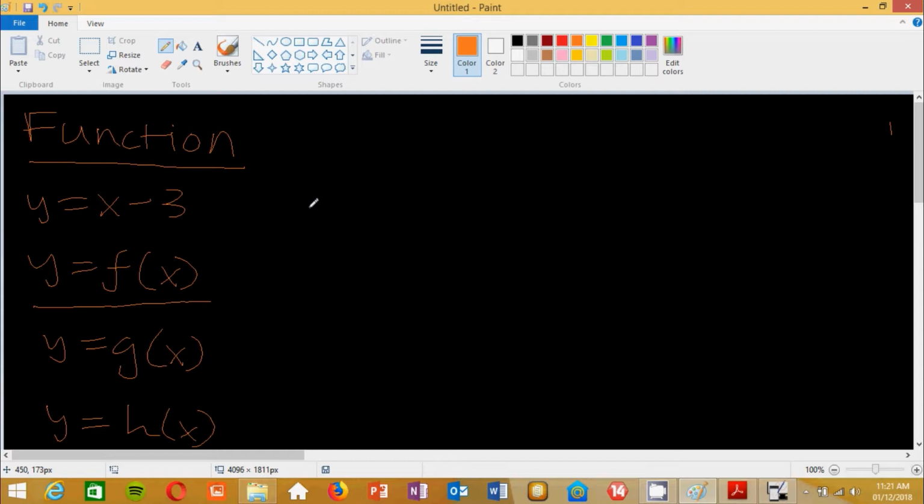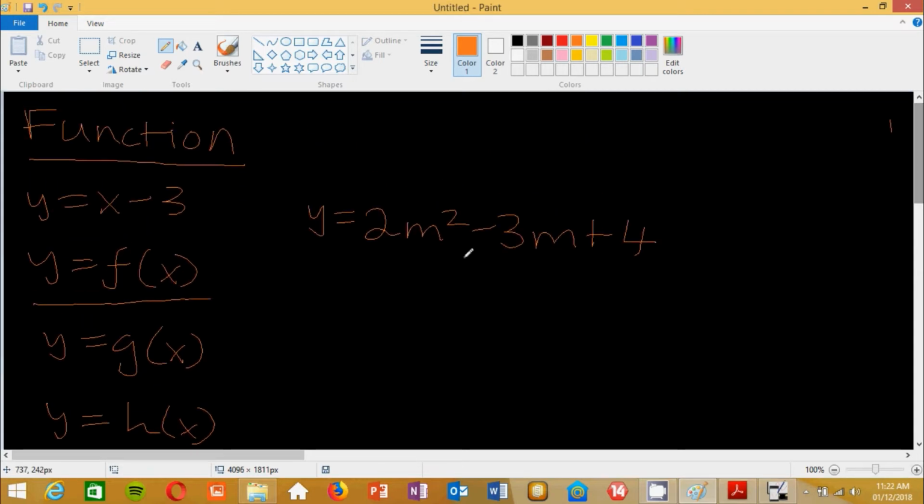Let's look at another one. y is equal to 2m squared minus 3m plus 4. This is another function because it's a relationship between two variables, in this case y and m. It tells us how to go from m to y. We take that m, square it, and multiply it by 2.